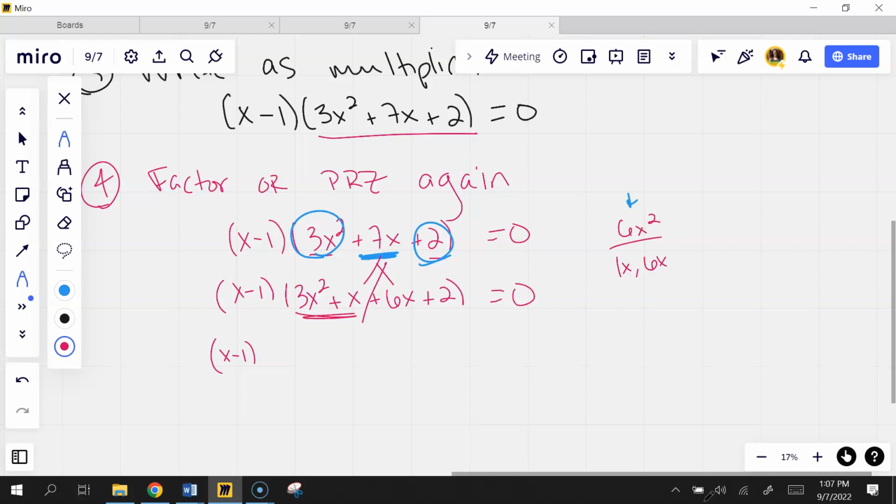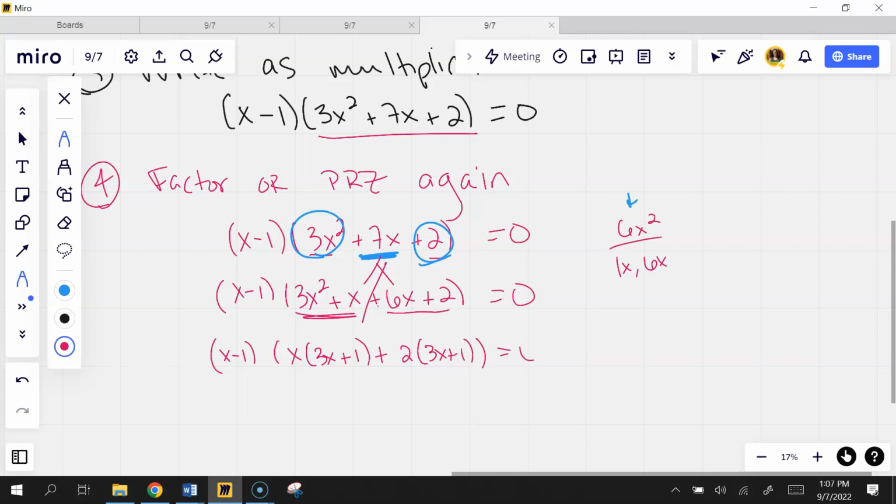What's the greatest common factor of 3x squared and x? X. If you take an x out of just these first 2 terms, what is left? 3x plus 1. The middle sign stays. What can you take out of the last two? 2. What's left if I take a 2 out of those two?